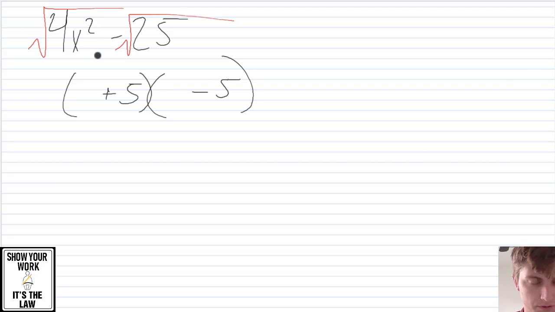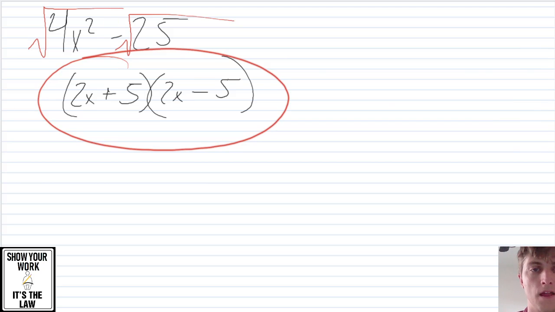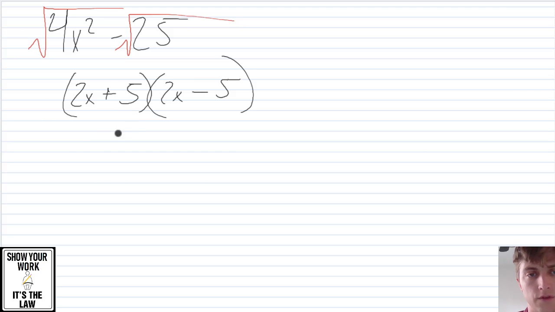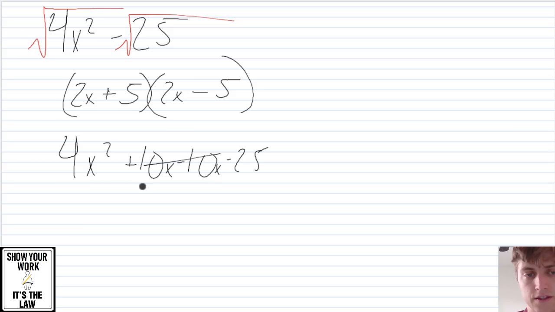And then the square root of 4x squared is going to be 2x. And there we have it. This is how we factor this. All right, so if we were to multiply everything through, 4x squared plus 10x minus 10x minus 25. These cancel. We're left with 4x squared minus 25.